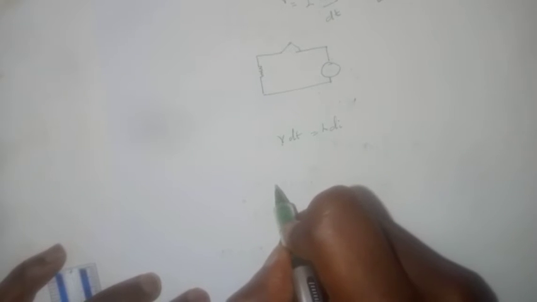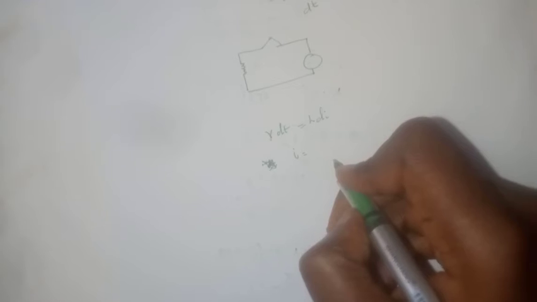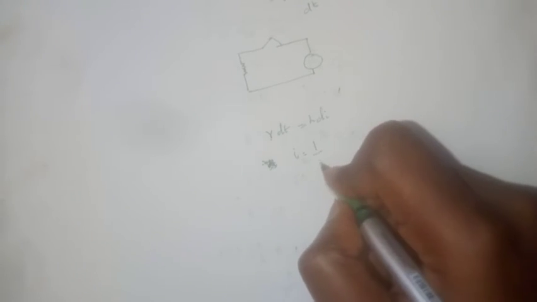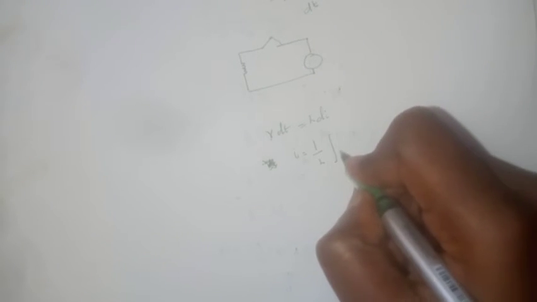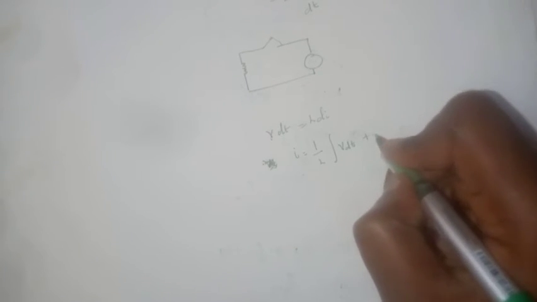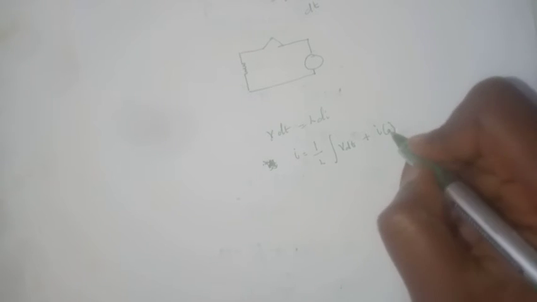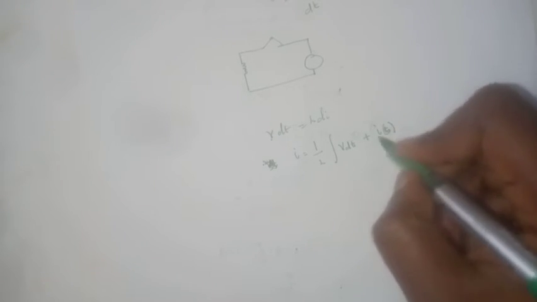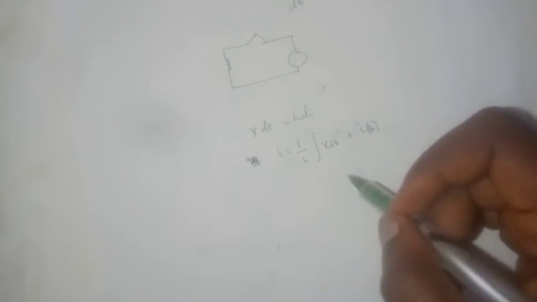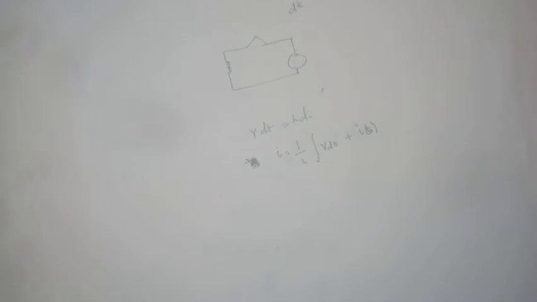If we do so, we would have it that I equals 1 over L integral V dt plus I naught, where I naught is I at t naught, the initial condition, and this will be the value of the current flowing across an inductor.